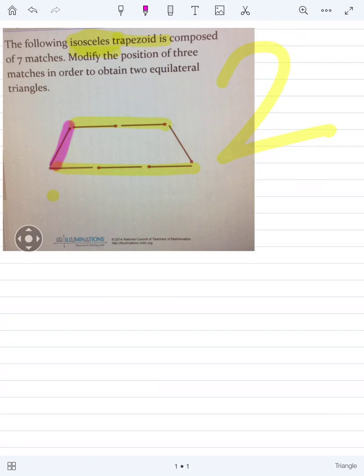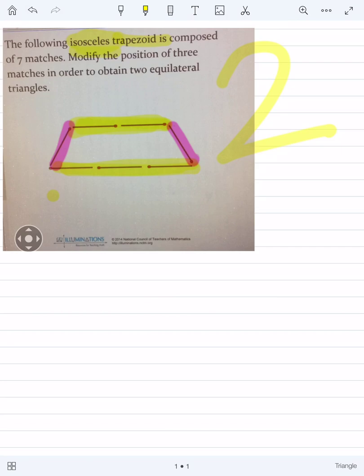This side has the exact same length as the other side. And the ones in yellow, the parallel sides. So this particular trapezoid, we can be more specific and call it isosceles. All right, enough with the precise geometry talk.